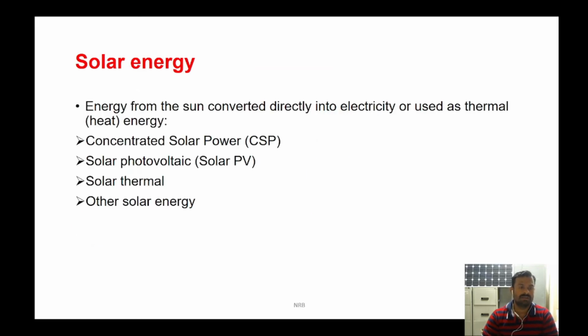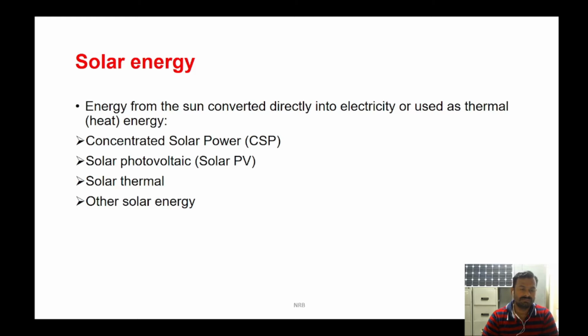What is solar energy all about? The energy which we obtain from the sun in the form of light and also in the form of heat is called solar energy.